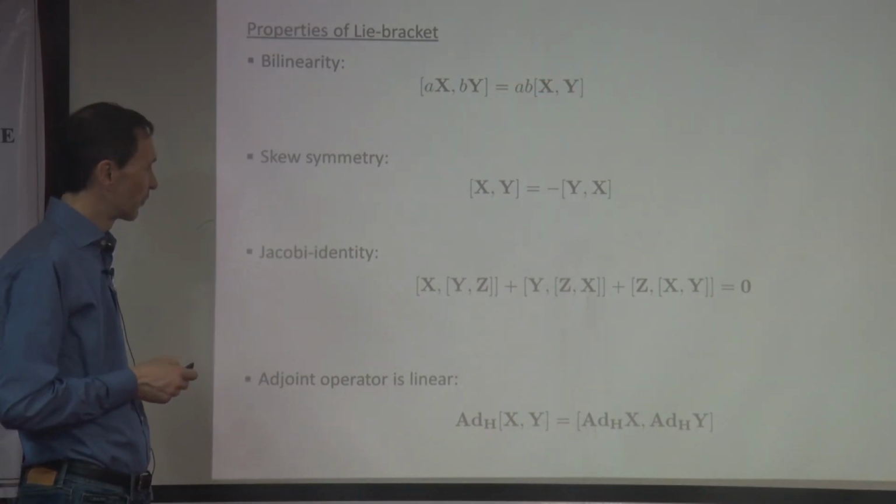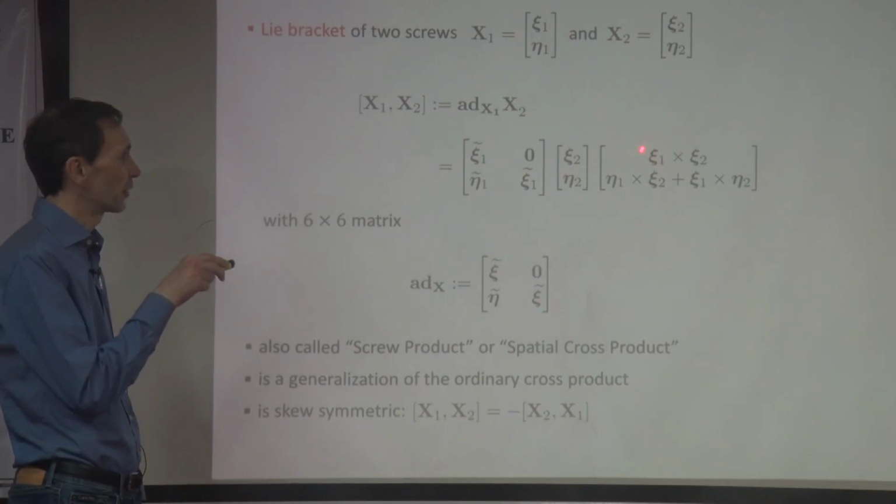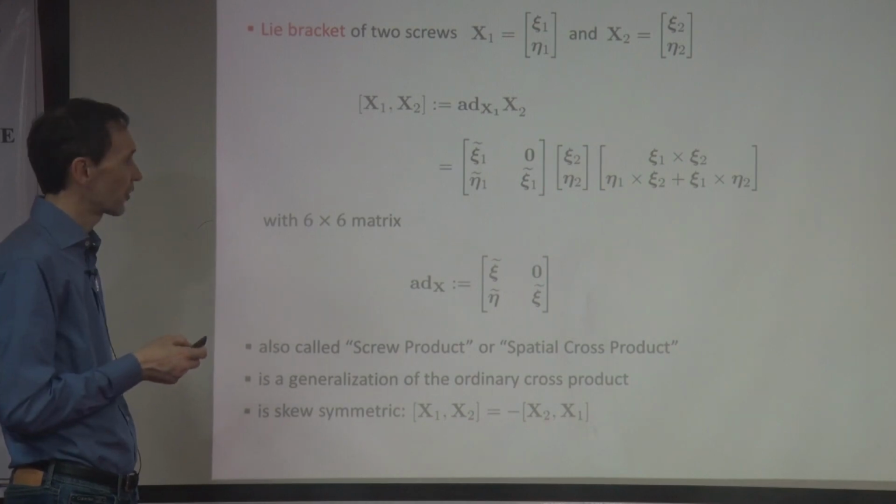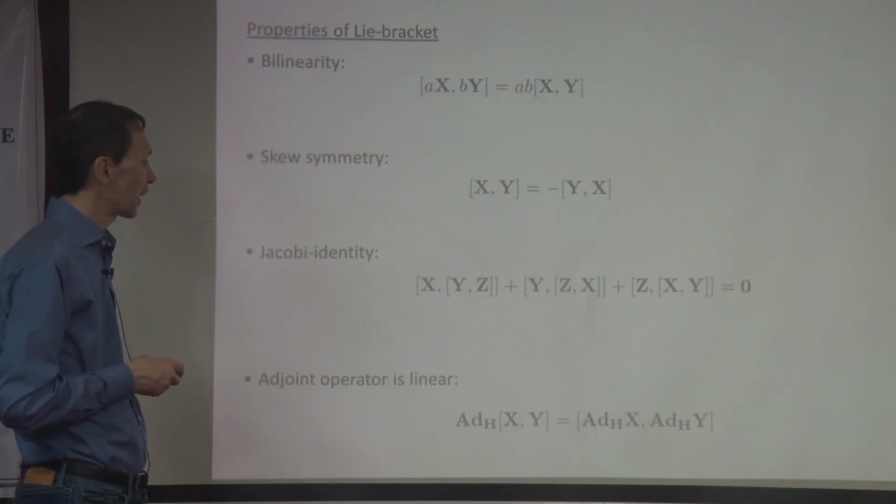And that's obvious from just the definition, right? If you have a and b multiplied, of course it goes out, and the same is here, because if you multiply C1 and eta 1 with a, then you can take it out, and the same with the second argument.